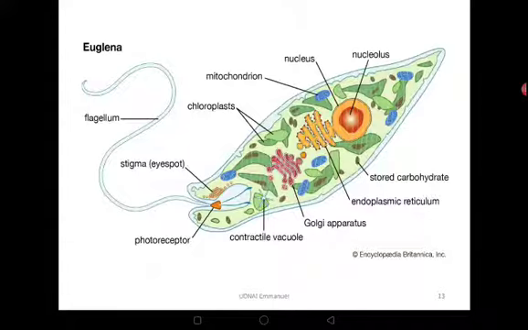Then the Golgi apparatus, or sometimes called the Golgi body, plays a role of secretion of molecules, but also assembling of different proteins that are manufactured in the cell. Contractile vacuole is for osmoregulation and excretion. So that is the structure of a euglena, the euglena cell, a member of Euglenophyta.